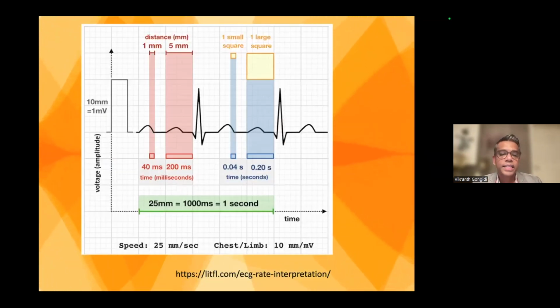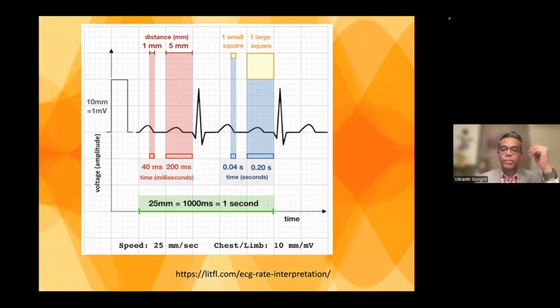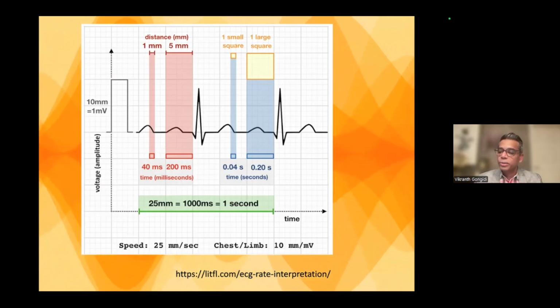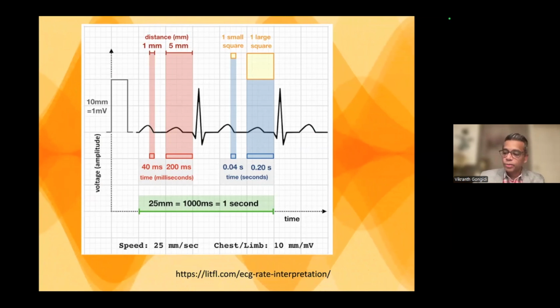It's litfl.com. They have a really good EKG course on there if you want to take a look. And the other one is done by one of my mentors during fellowship. His website is ecgedu.com, and that's Dr. Scott Siegel, who developed that website.